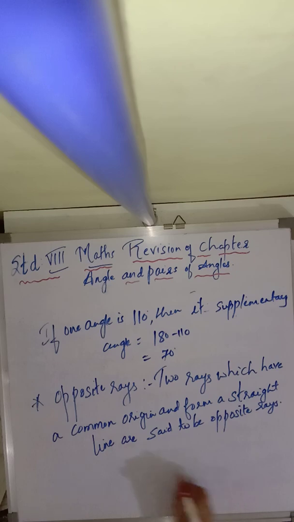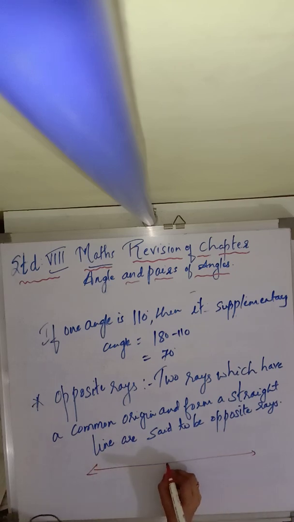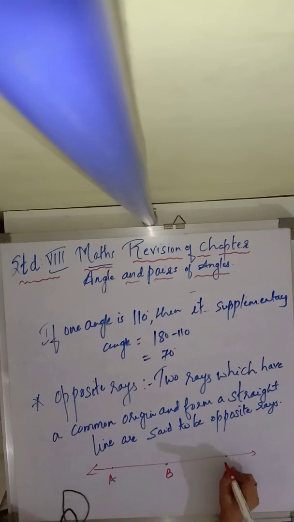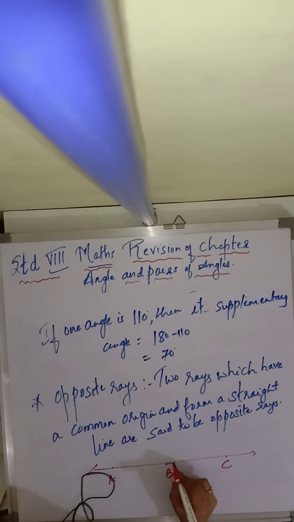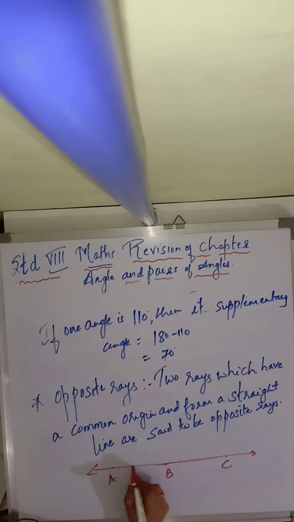Like for example, here we are drawing a rough figure. You can see children, this is ray BC and this is ray BA.